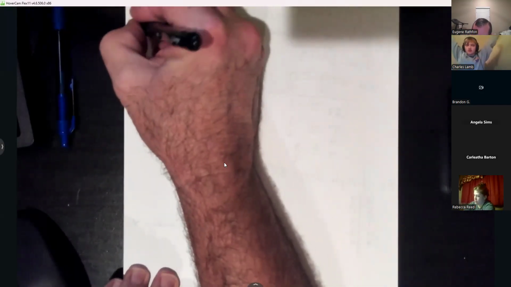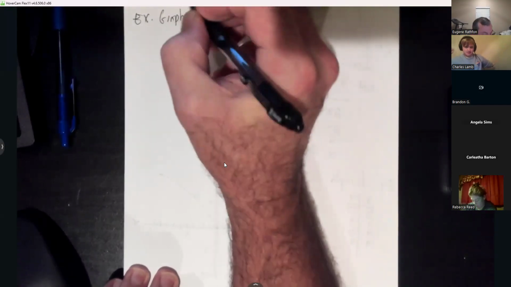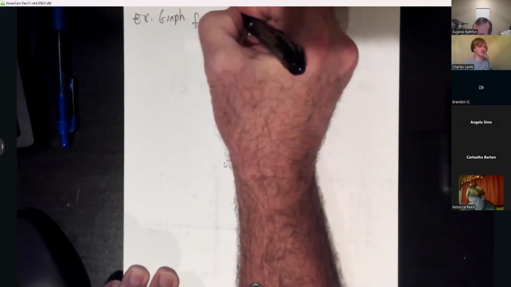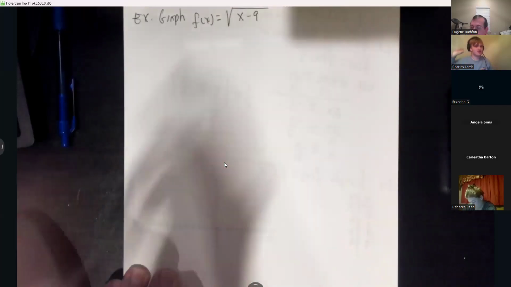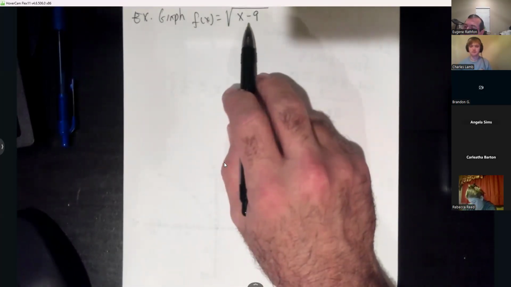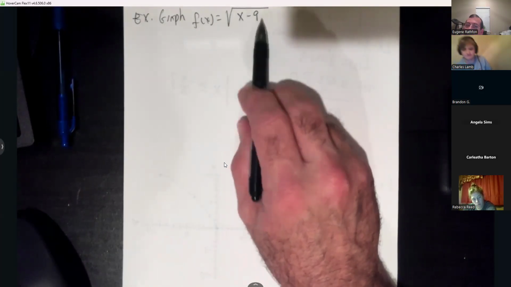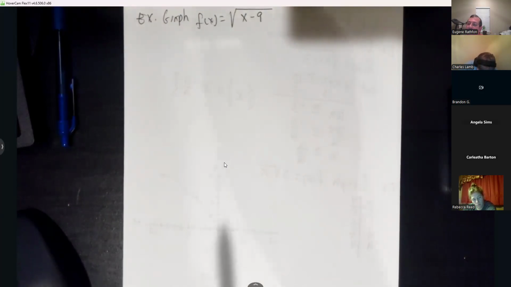All right, y'all, so let me see on this one. Let's try this one here. So I want to graph f of x equals the square root of x minus 9. Now let me ask y'all this. In 7.2 last week, if I subtracted 9 from the x up under that radical, which way did it actually move this graph?